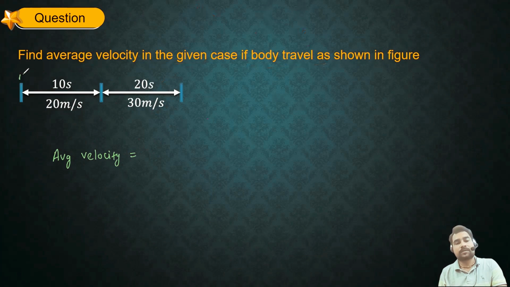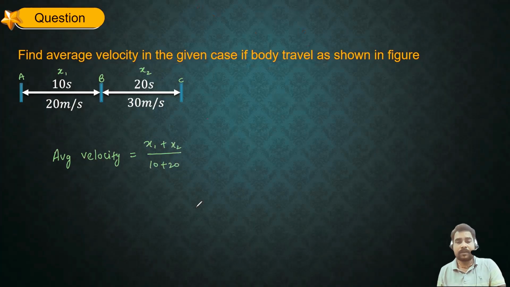So I am supposing from A to B, the displacement covered is x1 and from B to C, the displacement covered is x2. So total displacement is x1 plus x2. Total time is 10 plus 20.